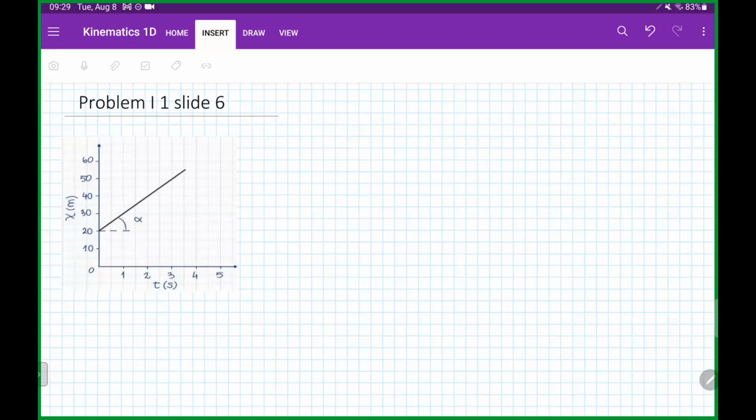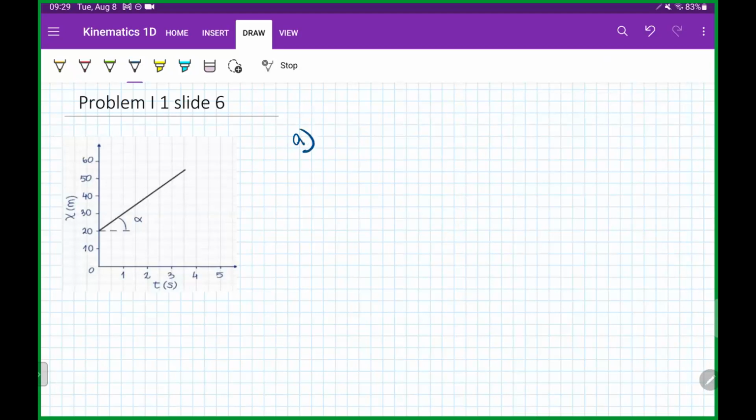So let's see. For starters, we can tell that this is a straight line, right? So we know that the function would have a form, right, this is an m like this, so we have mt plus something that we will call h.